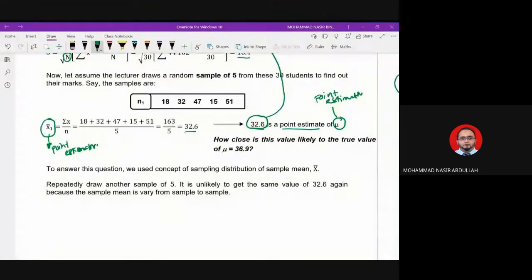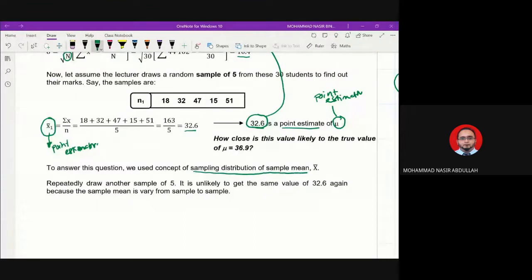All right. So to answer this question, we need to use the concept of sampling distribution of the sample mean. So repeatedly draw another 5 samples, right? We will get a value close to 32.6 again, because the sample mean varies from sample to sample.